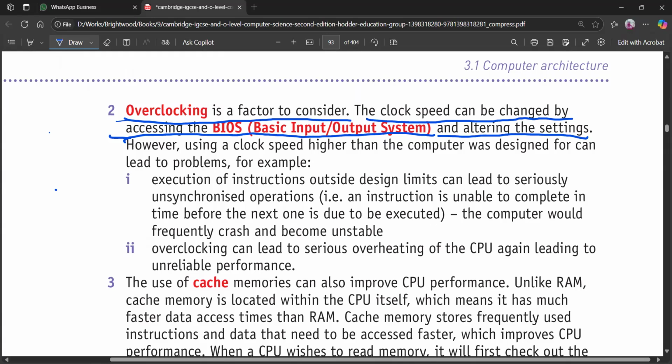So an instruction is unable to complete in time before the next one is due to execute. The computer would frequently crash and become unstable. Overclocking can also lead to serious overheating of the CPU, again leading to unreliable performance.